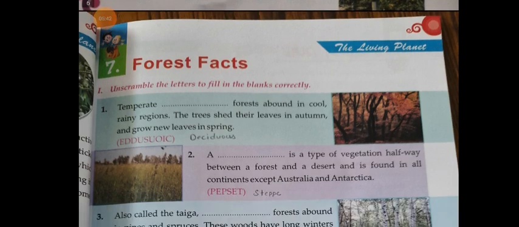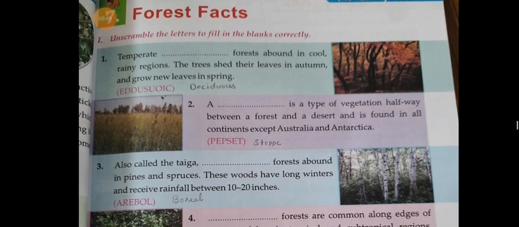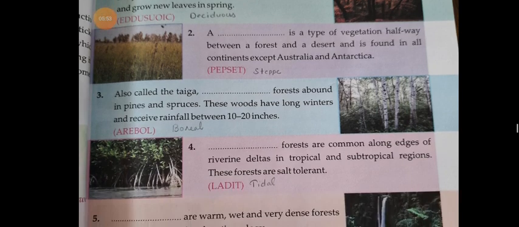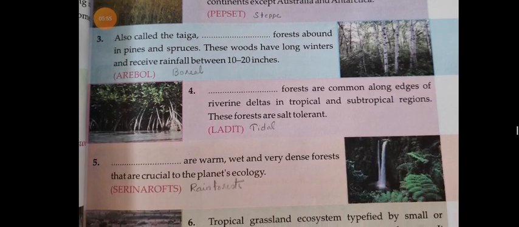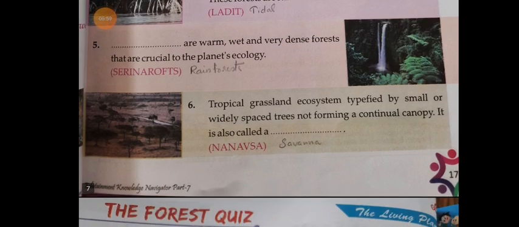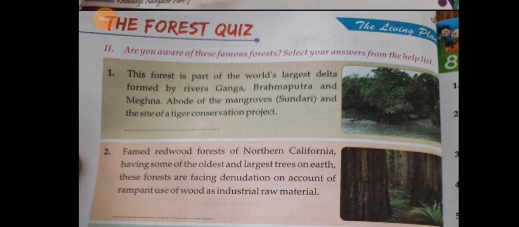Then next one it is forest facts. Unscramble the letters to fill the blanks correctly. First one is deciduous. Second one is steppe. Third one is boreal. Fourth one is tidal. Fifth one is rainforest. Sixth one is savanna. Then, are you the forest kiss? Are you aware of these famous forests?